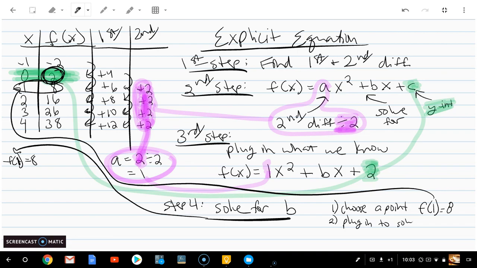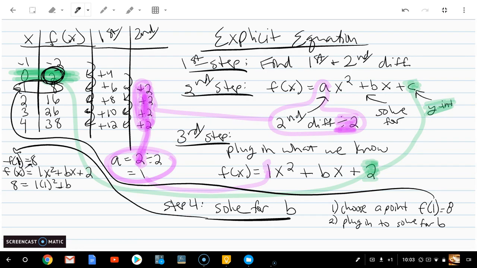To solve for b, I have f of x equals, I already know it's 1 x squared plus b plus 2. And so I have f of x is going to be 8. Whenever I see an x, I'm going to put a 1.